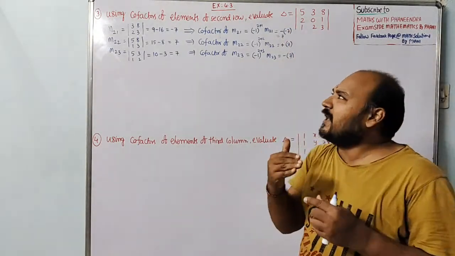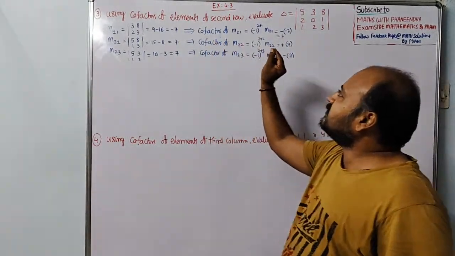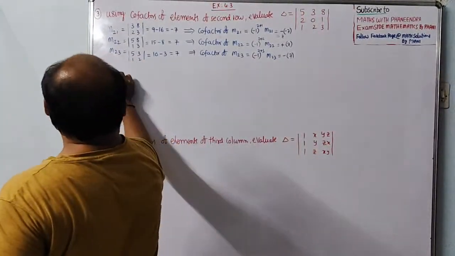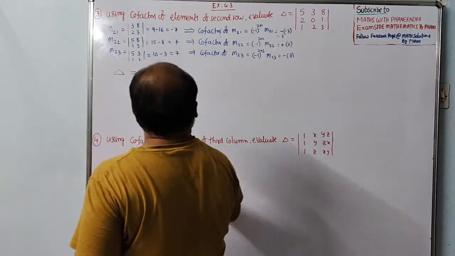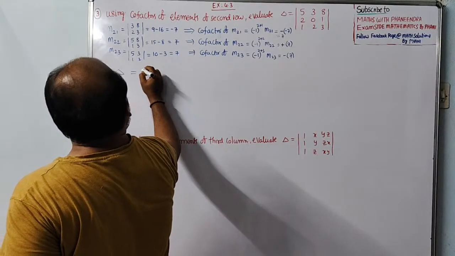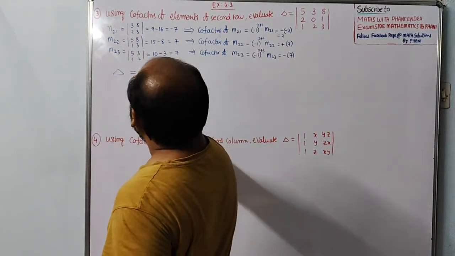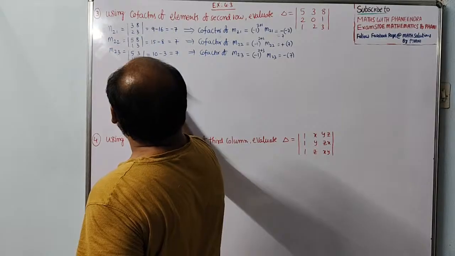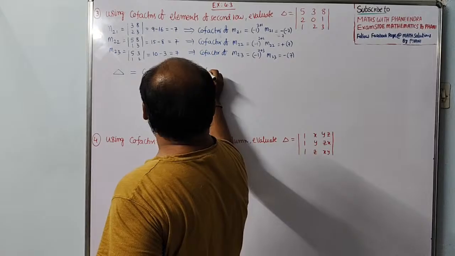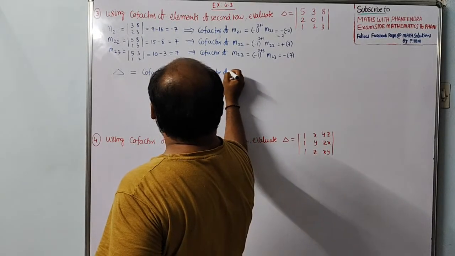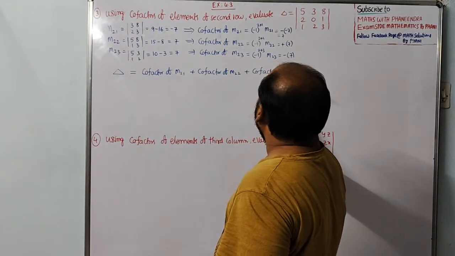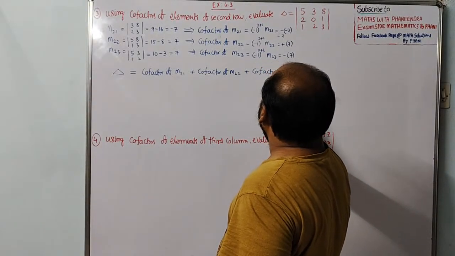Why are they asking to find using cofactors of elements of second row? Evaluate delta, meaning the determinant delta is equal to the cofactor of M21 plus cofactor of M22 plus cofactor of M23.